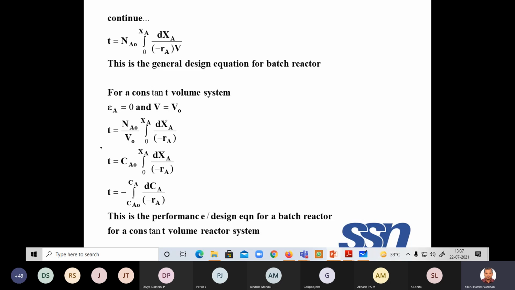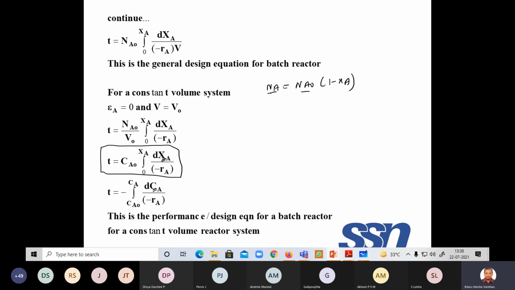Now, either you can use this equation or you can use conversion instead of concentrations itself. How we do this: since we wrote Na is Na naught into 1 minus Xa, this is the final number of moles equal to initial moles into 1 minus Xa, where Xa is the conversion.